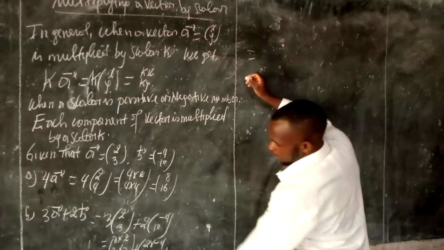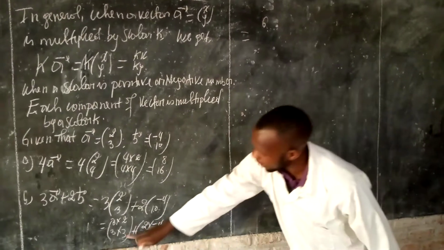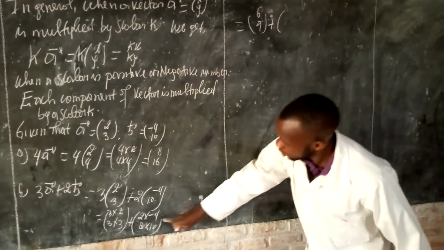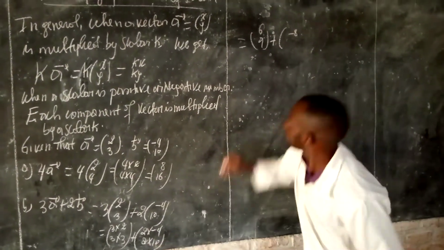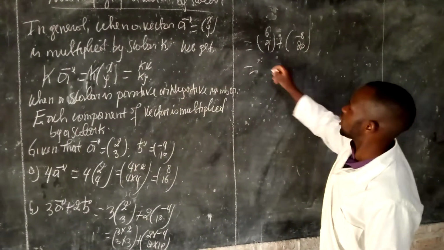So 3 times 2 we get 6, while 3 times 3 we get 9, plus 2 times negative 4 we get negative 8, and 2 times 10 we get 20. Now make the addition.